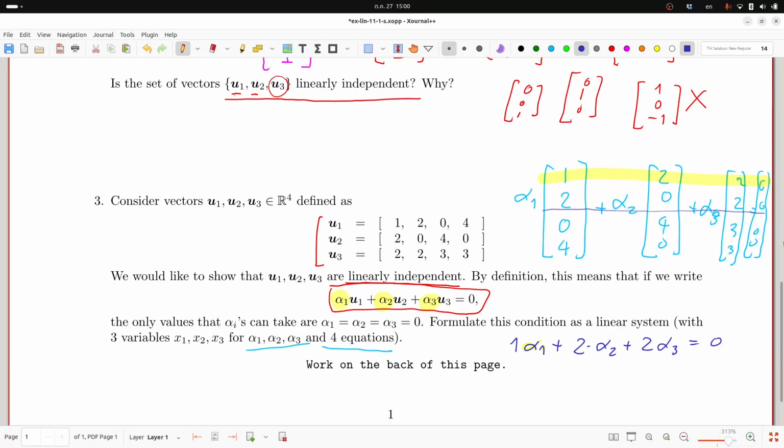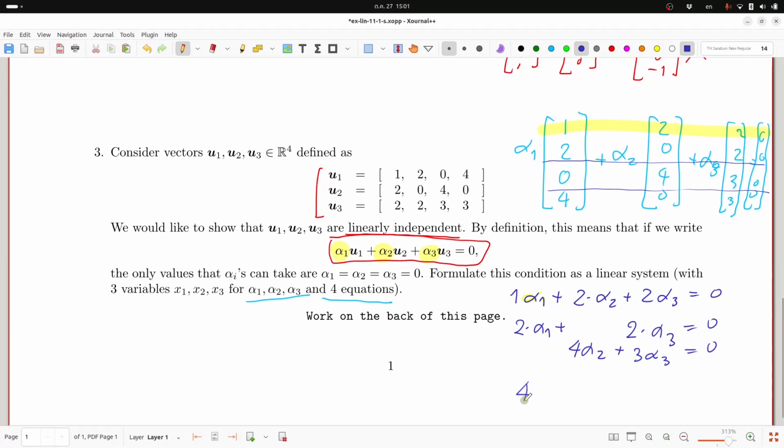What does it say? 2 times alpha 1 plus 0 times alpha 2, which I can just ignore, and then 2 times alpha 3 equals 0. This is the second equation. The third equation says 4 alpha 2 plus 3 alpha 3 equals 0. And finally, the last equation says 4 alpha 1 plus 3 alpha 3 equals 0.